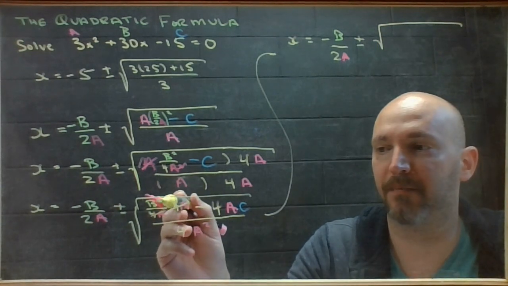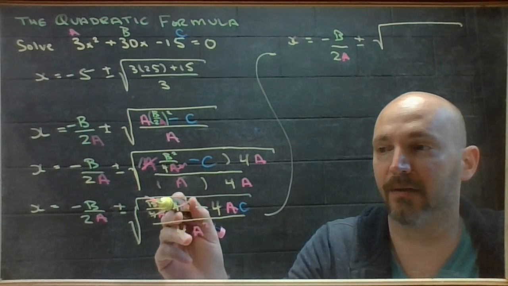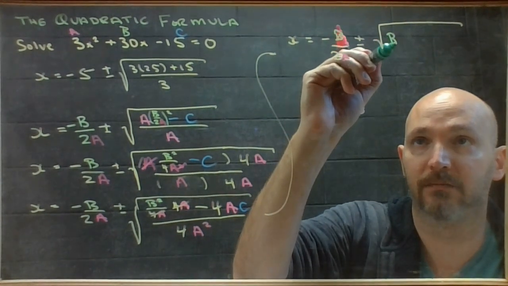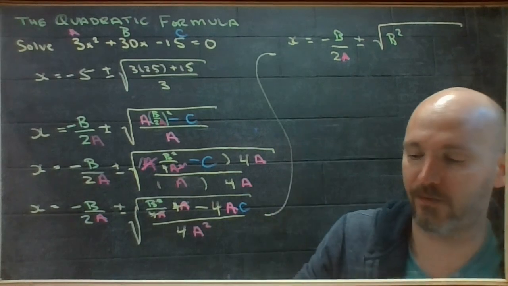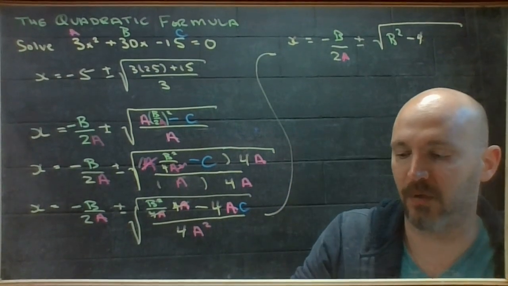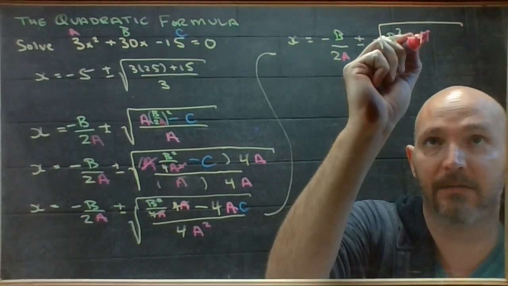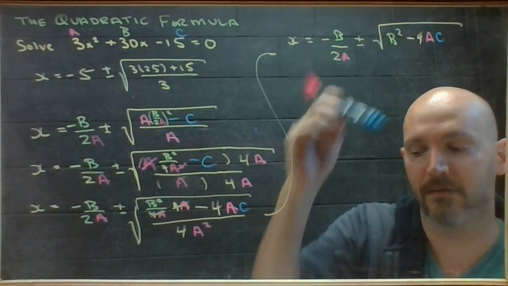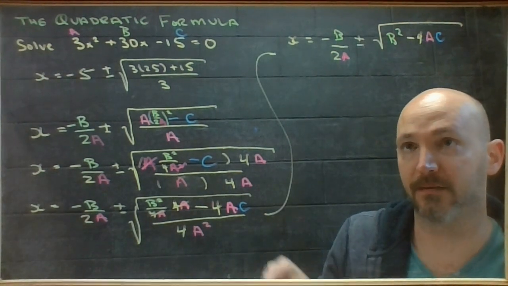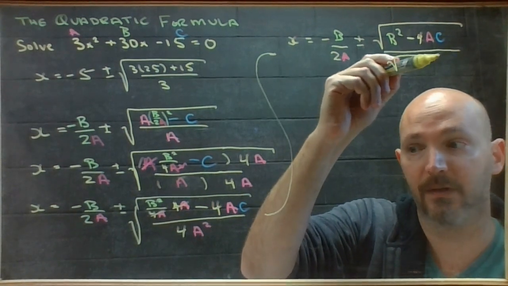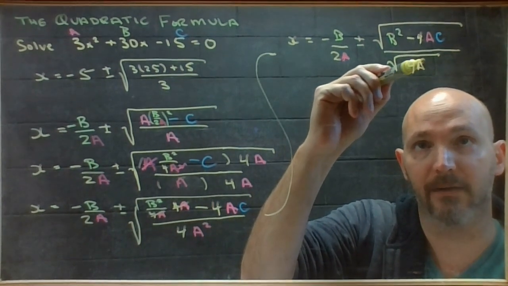Well, this and this divided each other out, so all I'm left with is the b squared, subtract 4, multiplied by the a value, multiplied by that c value, all over top of the square root of 4a squared.